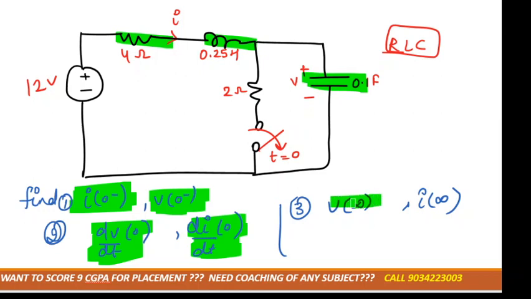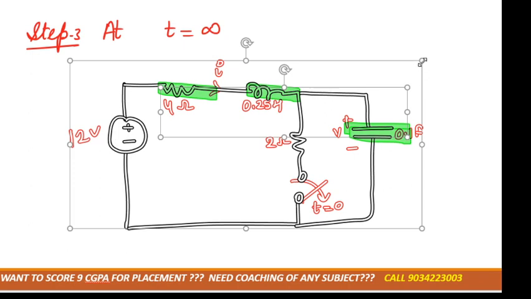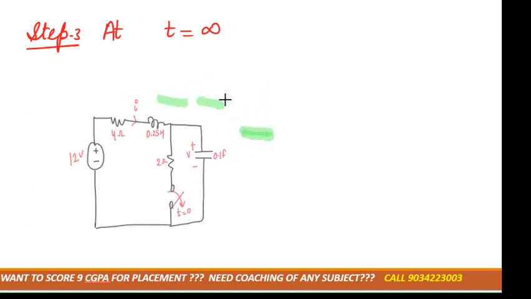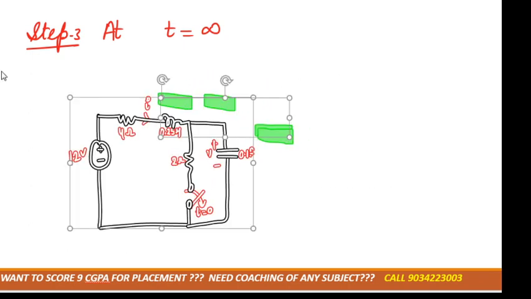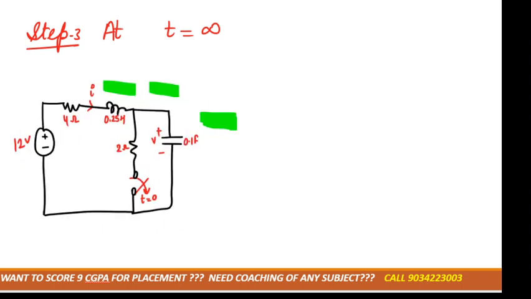In the next part we need to calculate V infinity and I infinity. So we have to draw the circuit at t equal to infinity, right? So at t equal to infinity, tell me, is the switch opened or closed? The switch is opened, right?